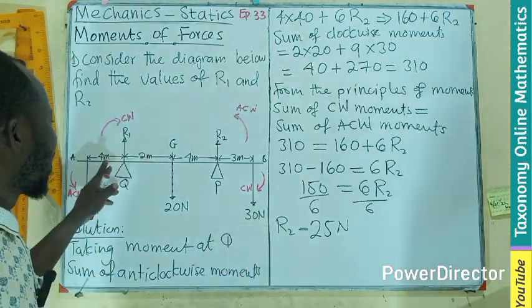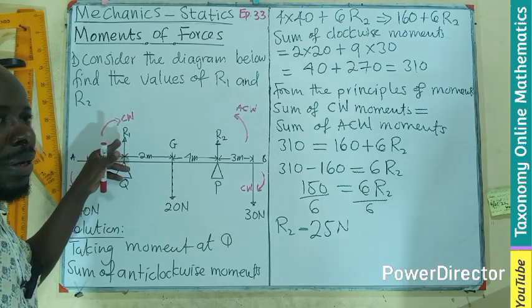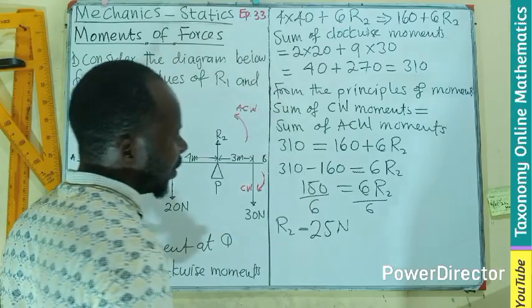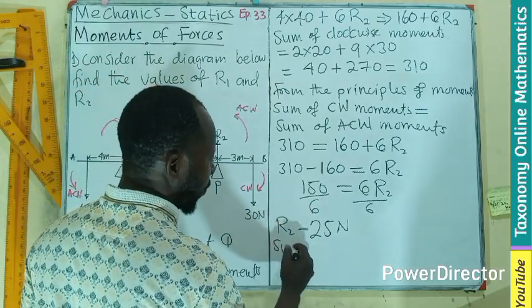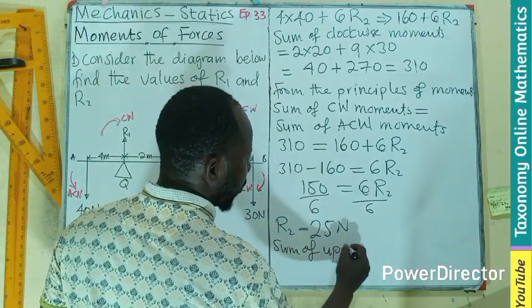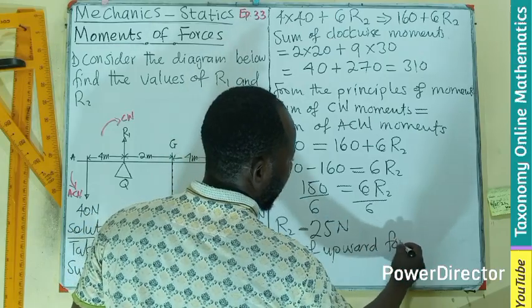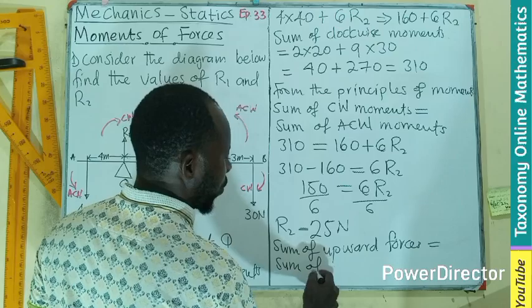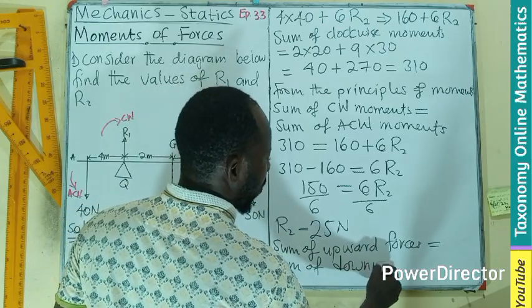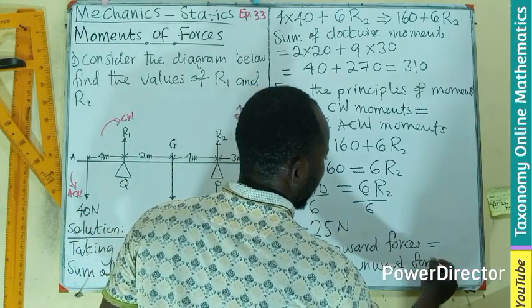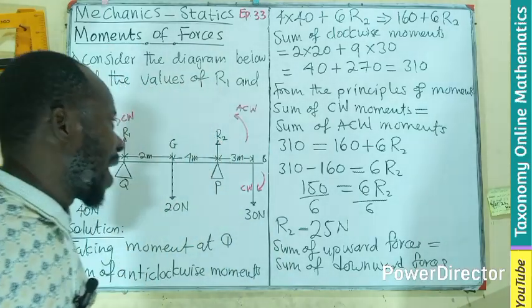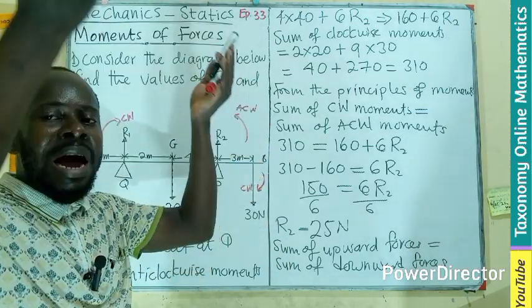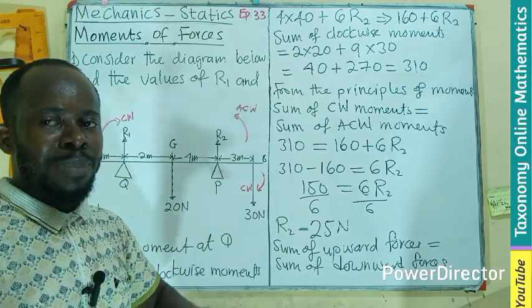Now how do we find the reaction 1? That is the normal reaction 1. We can also from the principle say that the sum of the upward forces equals the sum of the downward forces. For the rigid bar to be in equilibrium, the forces moving up and the forces coming down must balance.